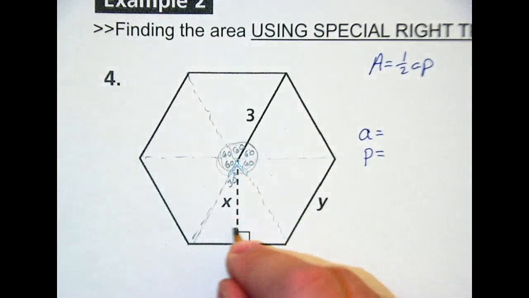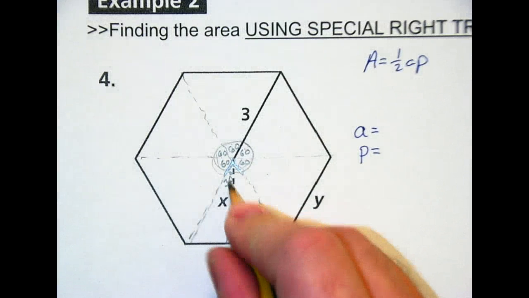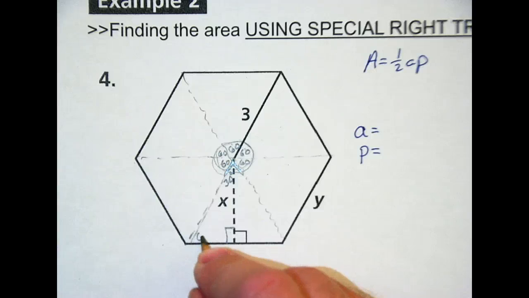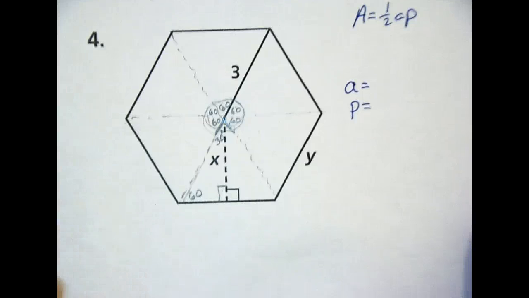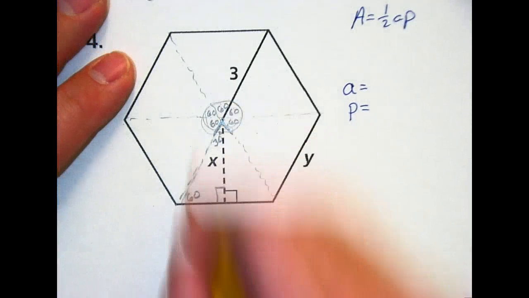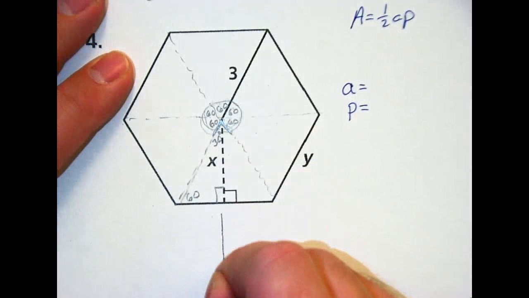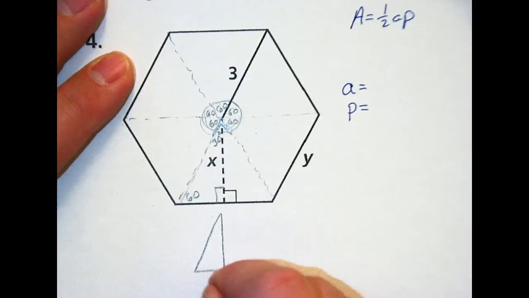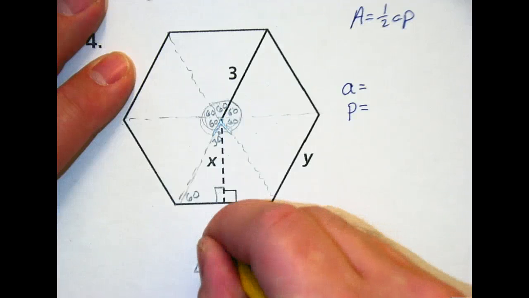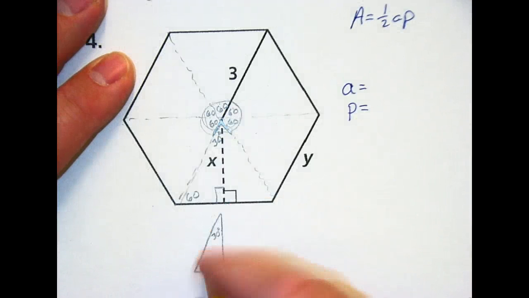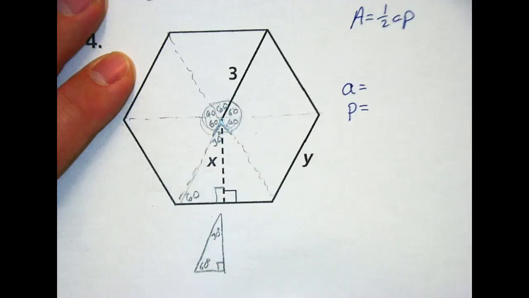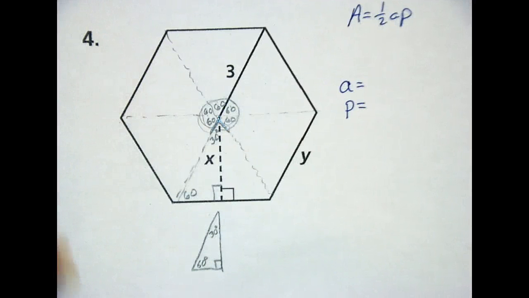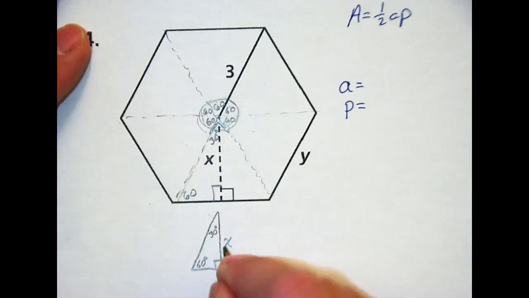And if it drops here at a 90, that now means I have a 30, 60, 90 triangle. Now I've seen some students do this. They're like, man, that just gets too messy in there. Your shapes aren't quite the size of that one up there, so they just draw the 30, 60, 90 right off to the side of their paper. That way they can label what they want. So using that, I know that this side is called X right now. Do we know any of the other sides?